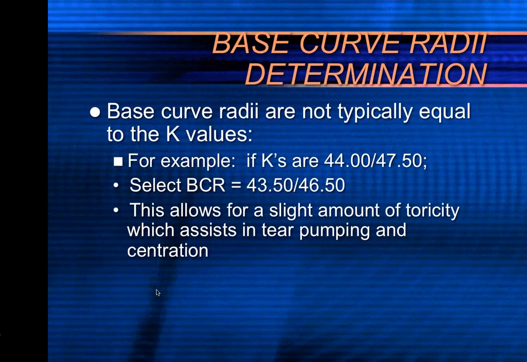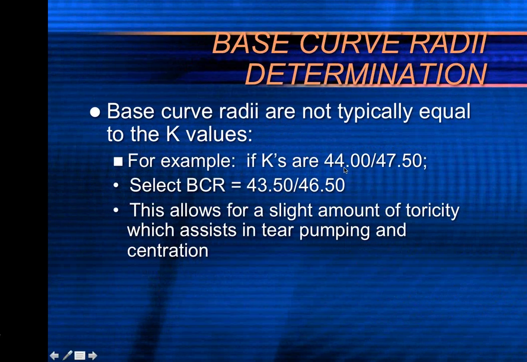Now, I mentioned earlier that the base curve radii are not typically equal to the K values. Typically, they're a little bit flatter, and they're more flat in the steep meridian relative to that K value. For example, when you're fitting diagnostic lenses, you're going to fit the Polycon or its derivative 3 diopter set.